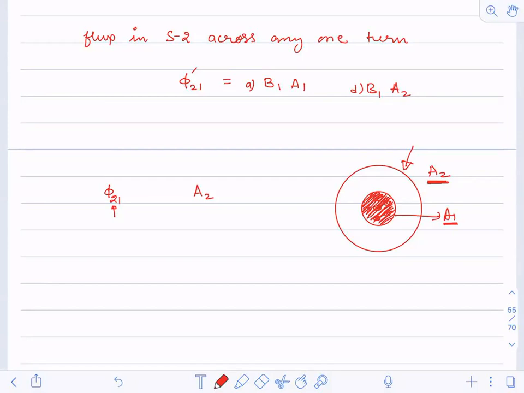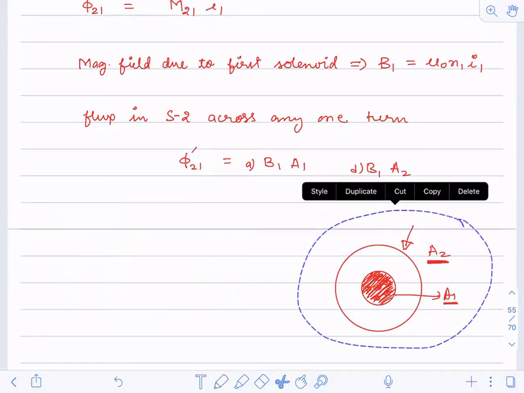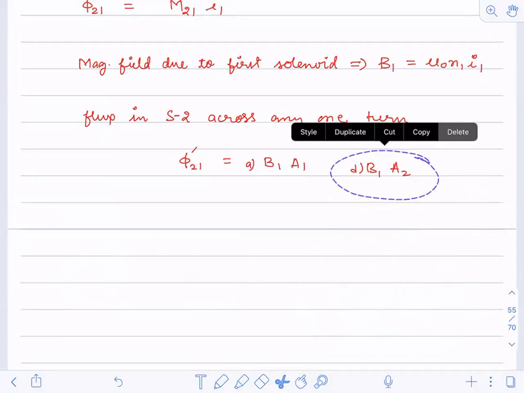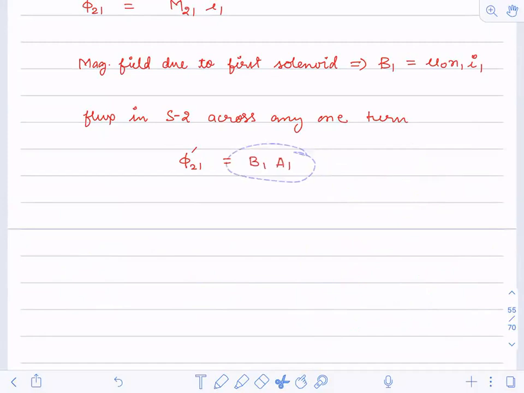A1 only. It is passing through A1 only. Fine. So what shall I use now? Option A is correct. So option A we will be writing.